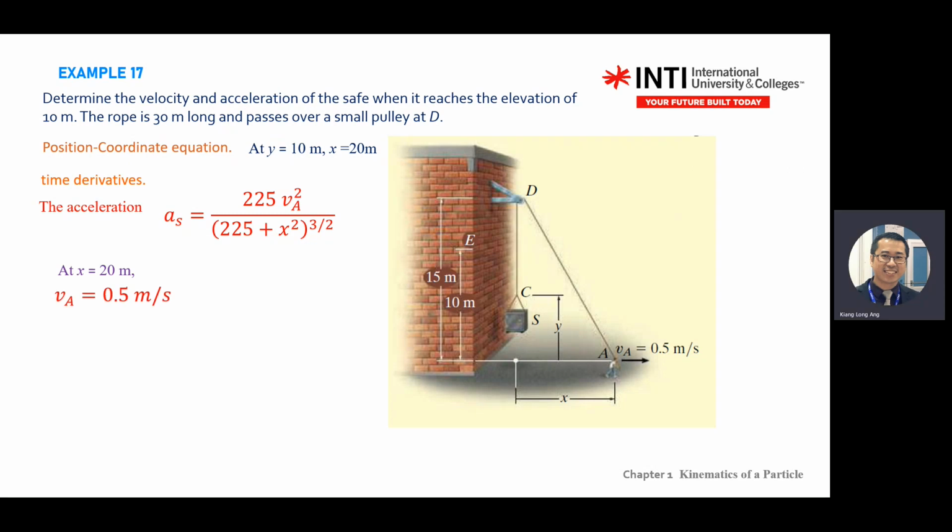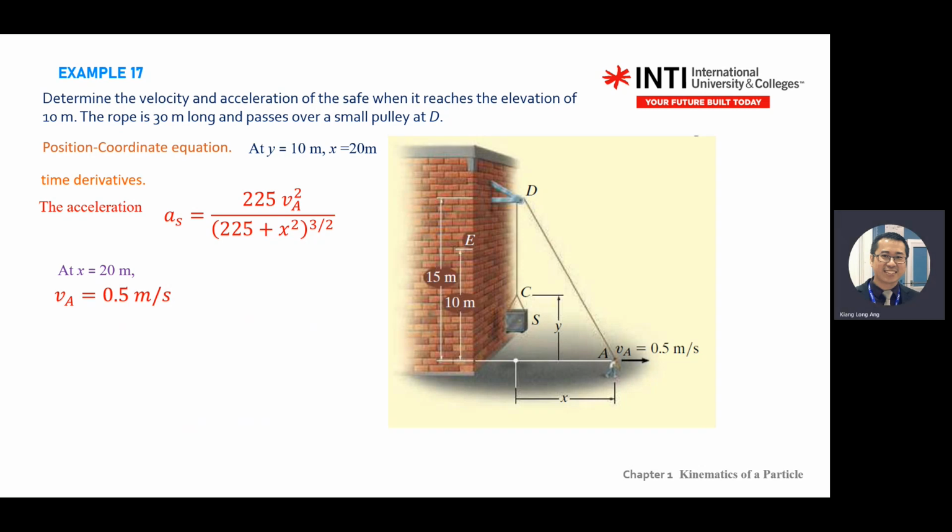Once you find the acceleration, you get one equation that you see on the screen. AS equals 225 VA squared divided by 225 bracket x squared to the power 3/2, at x equal to 20 meters. Because the question gives you the y, at y at 10, you get x equal to 20.